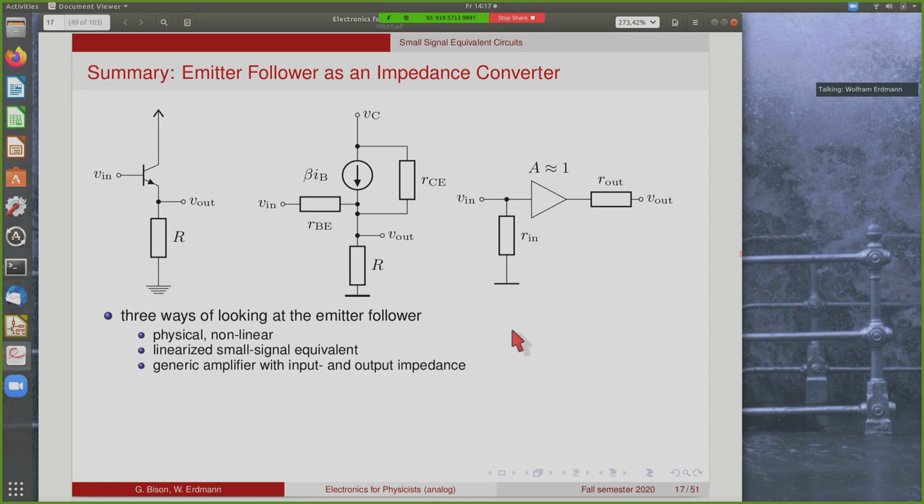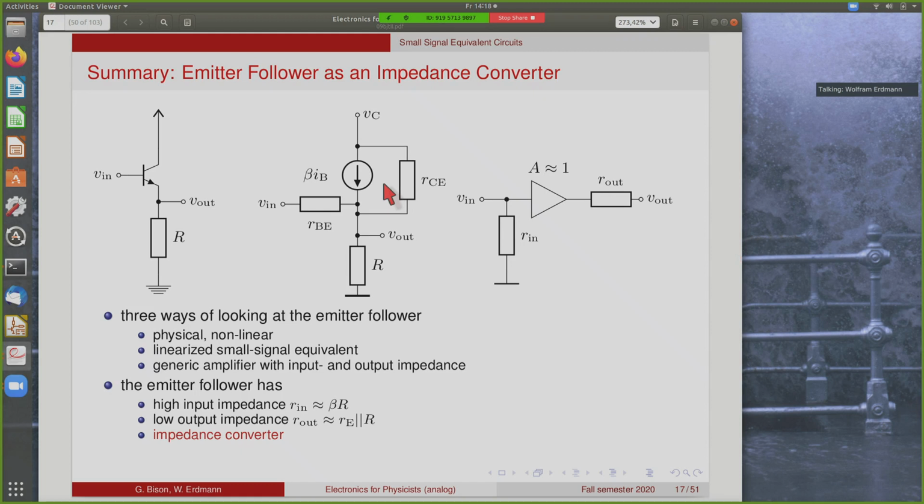And the whole thing can now, that we have determined the input resistance and the output resistance, also be seen as a generic amplifier that has an input resistance given by this resistor and an output resistance and an amplification which is close to 1. So these are two ways of looking at the same thing, and often this one is the most convenient, of course. But to get these values here, you need to analyze the circuit using the small signal analysis.